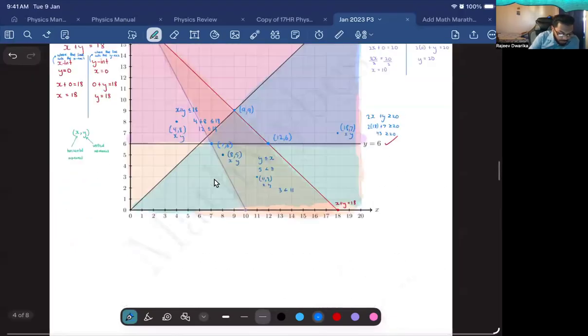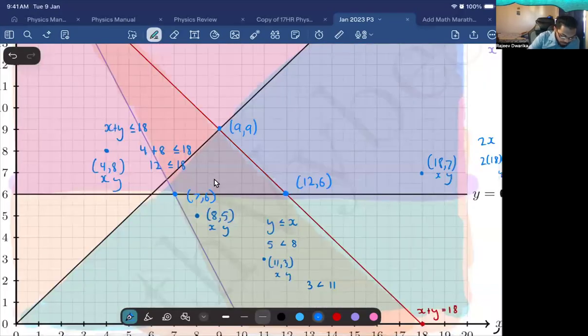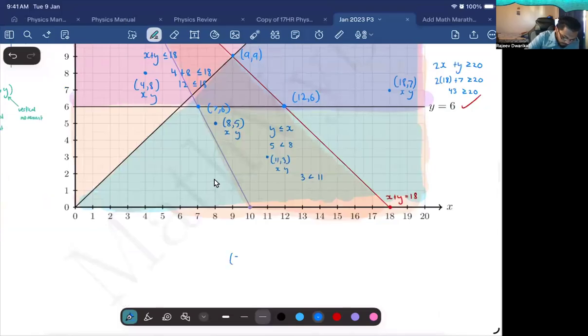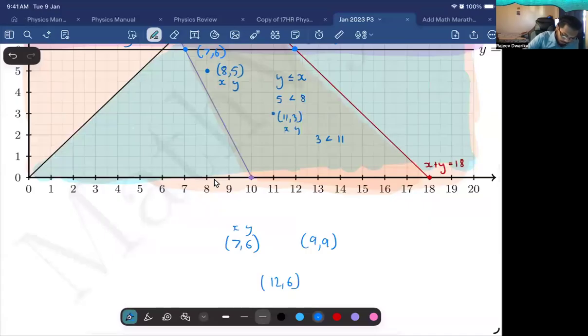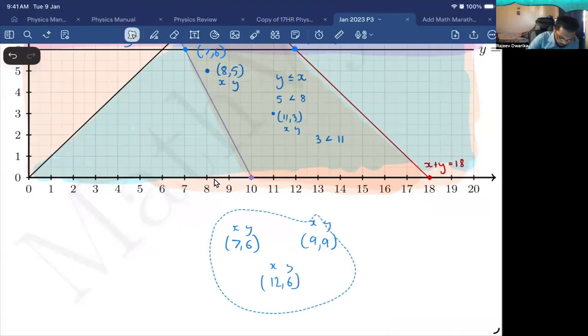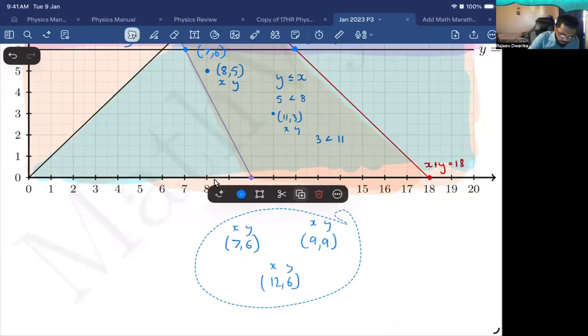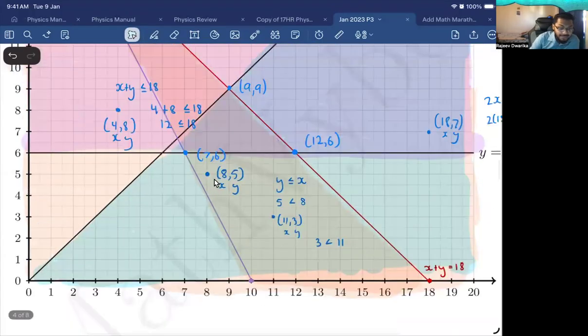So to do that, we're going to look at the vertices, right? So my vertices are (7, 6), (9, 9), (12, 6). And we know that the first value is the x value. Okay, great. So again, anytime you see least or most, you're looking at the vertices, right?